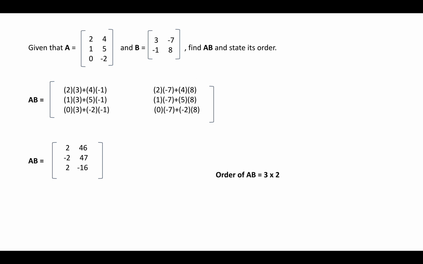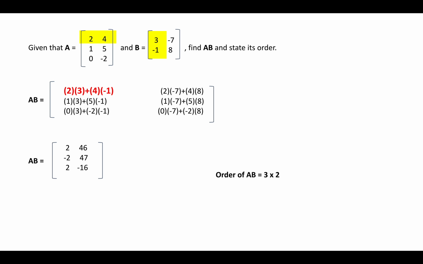So when you work it out, the solution is shown here on the screen. How do we actually go about doing this? Let's look at it step by step. To get the value on the top left of the matrix, which is first row and first column, we'll take the first row of matrix A and the first column of matrix B. You can also think of it as the top of A and the left of B. We multiply the first number with the first number, second number with the second number, and then we add them together.